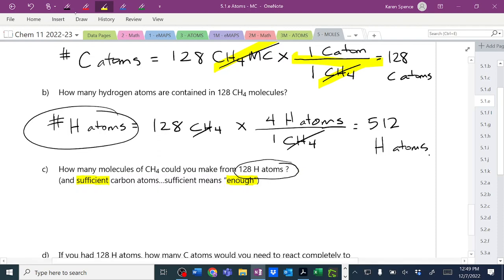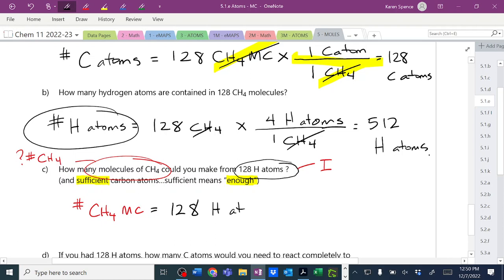Well, now our initial quantity is the 128 hydrogens. And what we don't know is the number of CH4 molecules. We are starting with 128 hydrogen atoms.